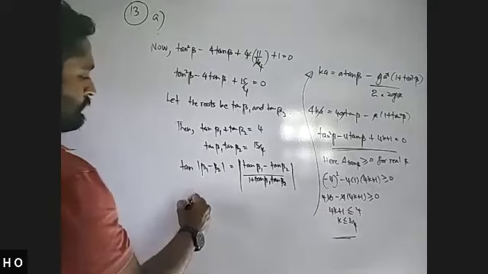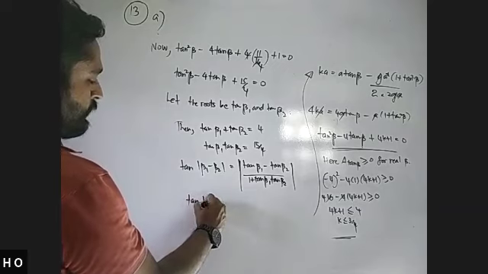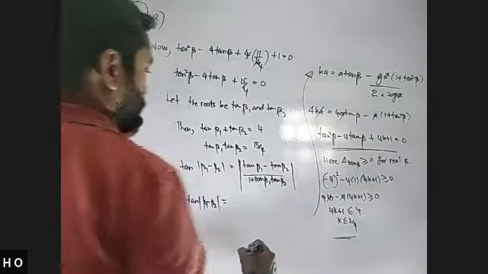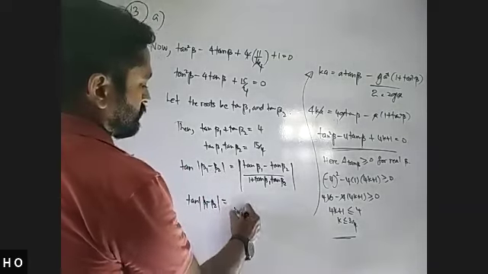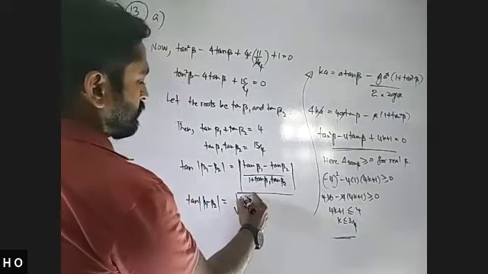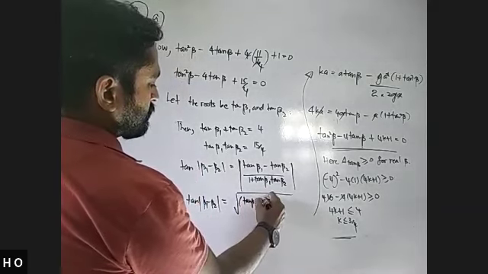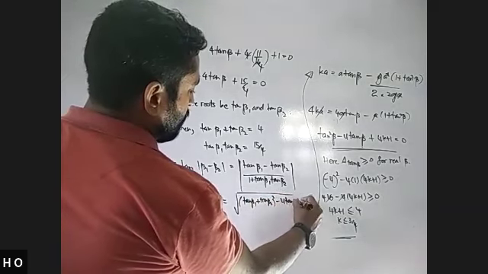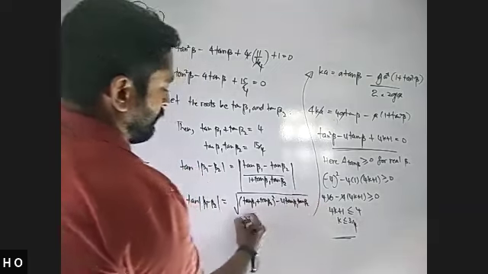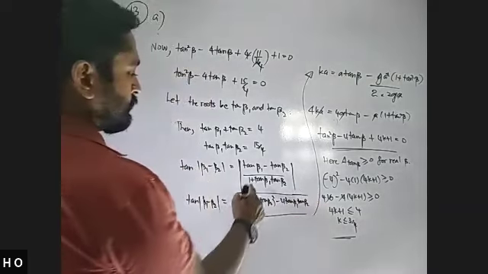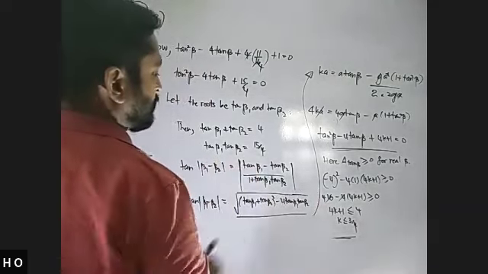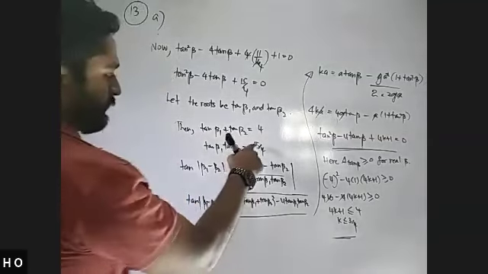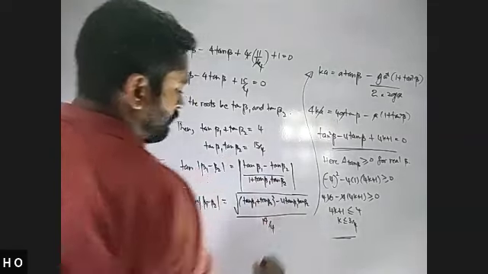So the modulus of tan beta 1 minus tan beta 2 is the square root of tan beta 1 plus tan beta 2 whole square minus 4 tan beta 1 tan beta 2, over 1 plus 15 over 4. You don't need the modulus as it is plus. So 1 plus 15 over 4 is 19 over 4.